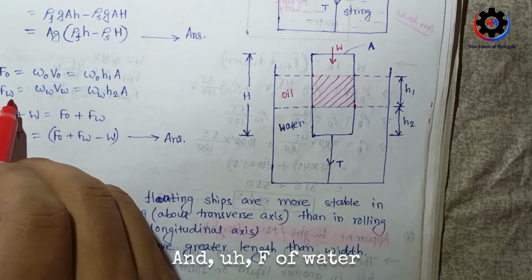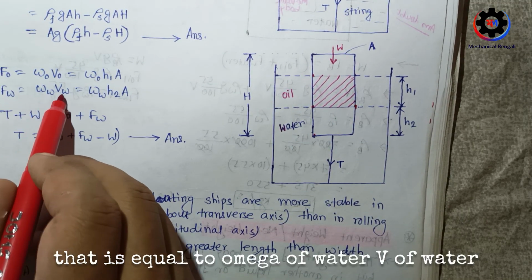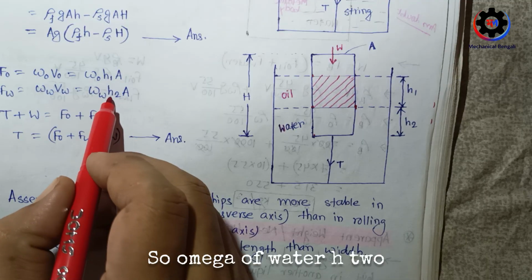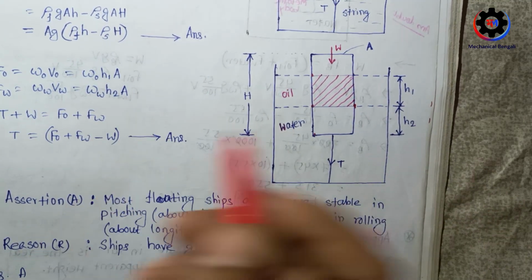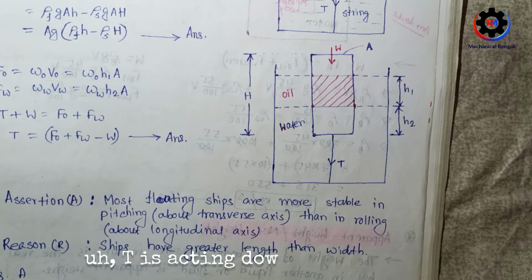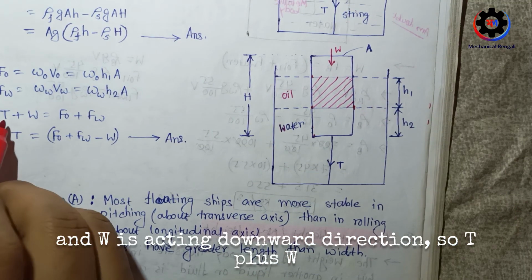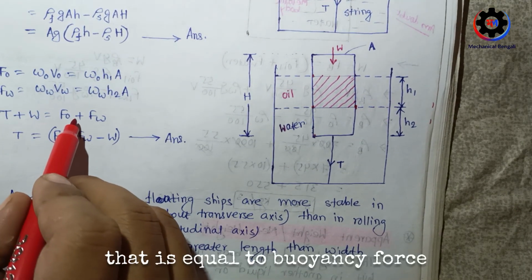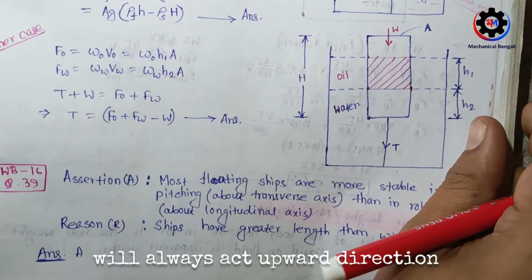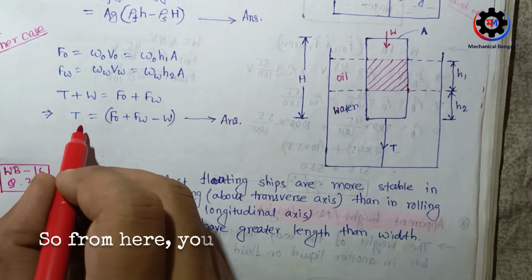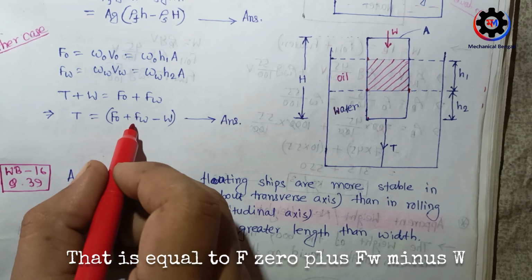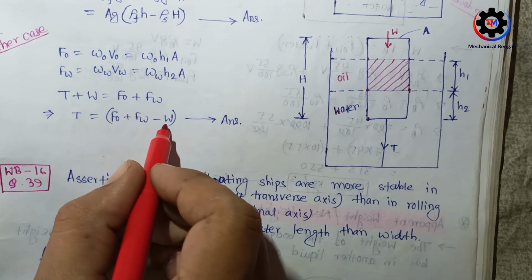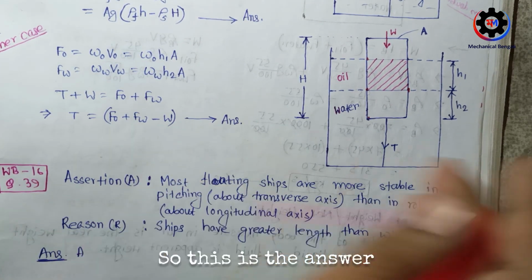And F of water is equal to omega of water into V of water, so omega of water into H2 into cross section area A. Now T is acting downward and W is acting downward, so T plus W is equal to the buoyancy force which always acts upward, so F oil plus F water. So from here you can directly calculate T, that is equal to F oil plus F water minus W. Okay, so this is the answer.